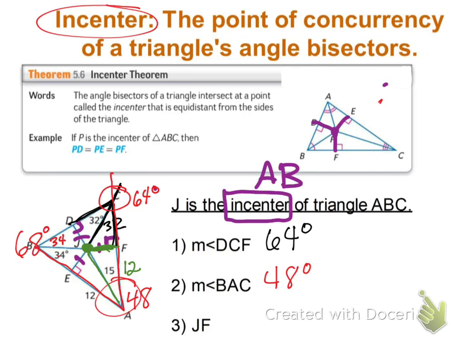Now I can just do the Pythagorean theorem to find that other side. So I'd have A squared plus 12 squared equals 15 squared. And just to save some time, what you end up getting is A is 9. So JF is 9.